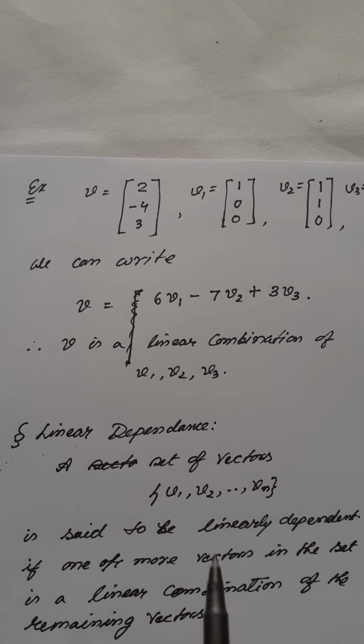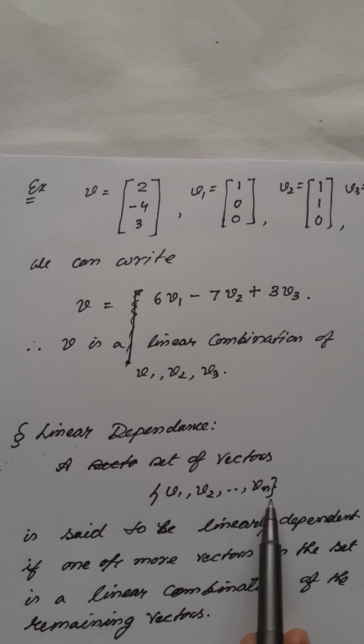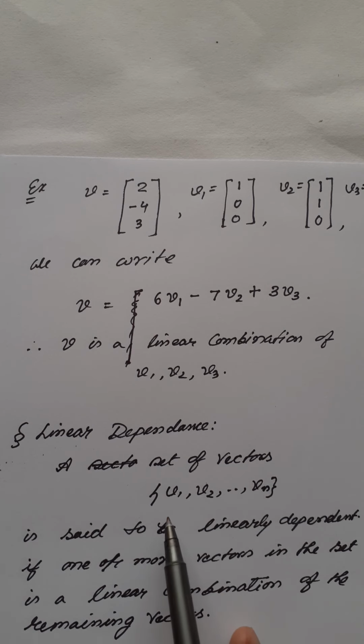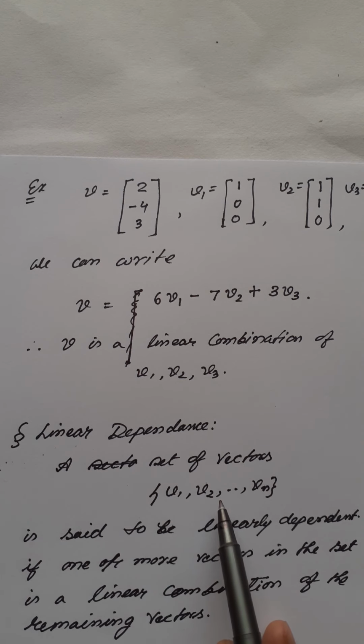So what does that mean? You have one vector here, or maybe more than one. We are happy if we have one member of this set which is a linear combination of the remaining members of the set.